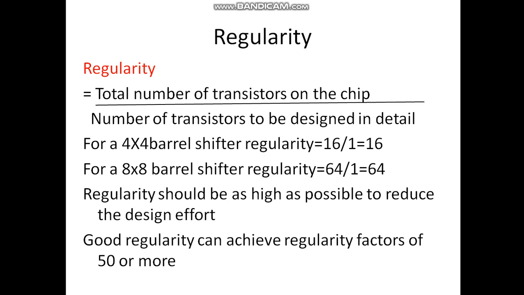Similarly, if we consider an 8x8 barrel shifter, there are a total of 64 transistors. All transistors are same, so divided by 1, that is equal to 64. So regularity should be as high as possible to reduce the design effort, and for good regularity, the regularity factor should be 50, 100 or more.